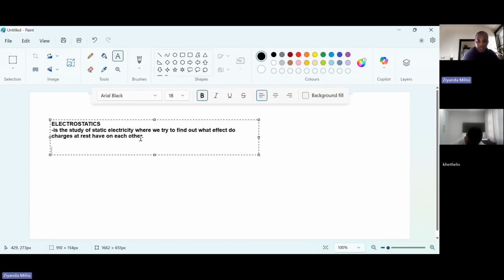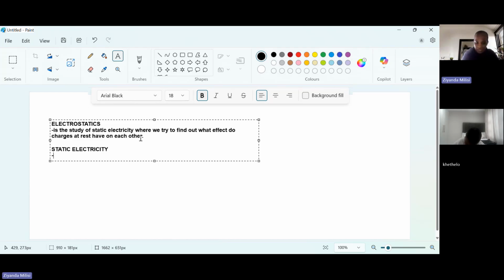Let us isolate it. Static electricity. We have two kinds of electricity. Current electricity, the one we studied using circuits where charges flow through a conductor. Then we've got static electricity.